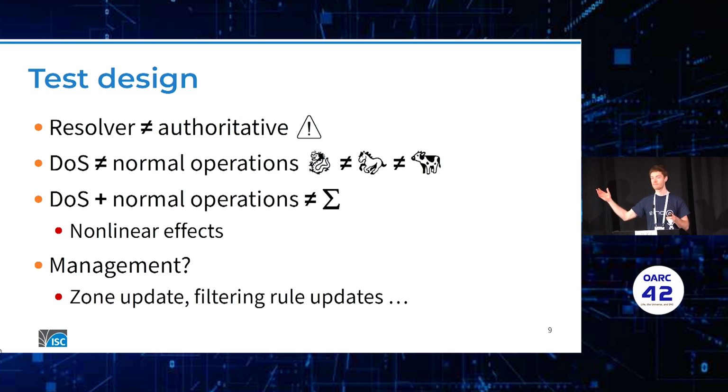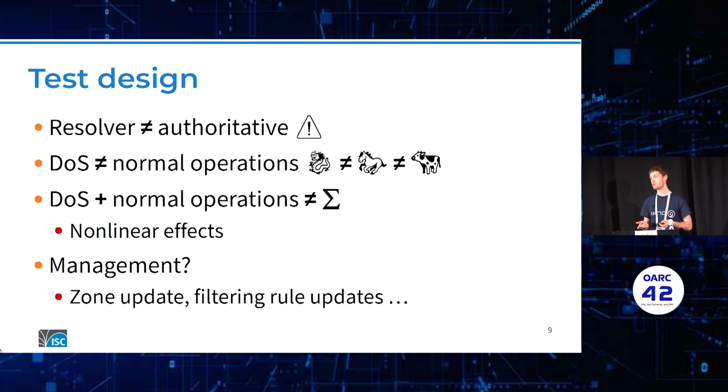So it's not like 100,000 queries for normal steady state and, I don't know, 900,000 queries for the denial of service. That does not equal 1 million together, because there are nonlinear effects between the two. So it's really important to measure both at the same time and then evaluate what happened with the normal operations.